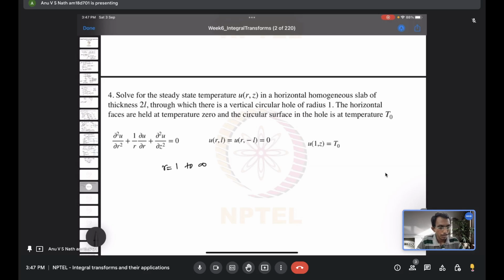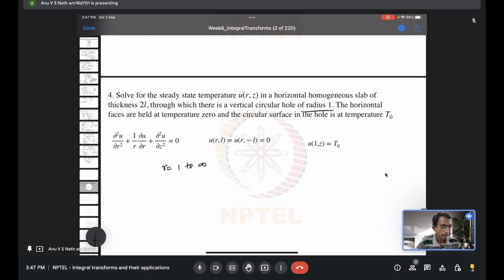Why is r 1 to infinity? Because there's a hole of radius 1, so inside the hole we don't care. Only outside the hole, where the slab is there, do we care. If r is 0 to infinity, we can directly use the Hankel transform we had earlier. But r is 1 to infinity, so that Hankel transform won't work.